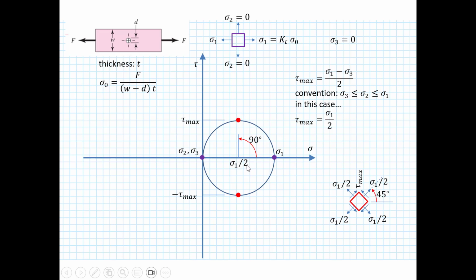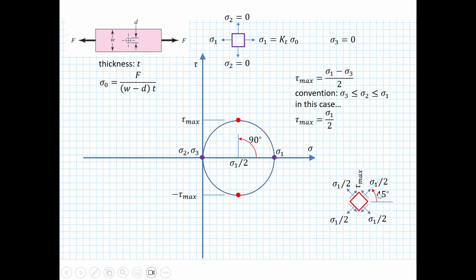So we've got sigma 1 over 2 being the normal stress on the positive face and then the negative face. And then we have for our tau, it's going counterclockwise on those two faces. And then the other point also sees a sigma 1 over 2 normal tensile stress on these two faces, and then the direction of the tau is actually clockwise for those two faces.